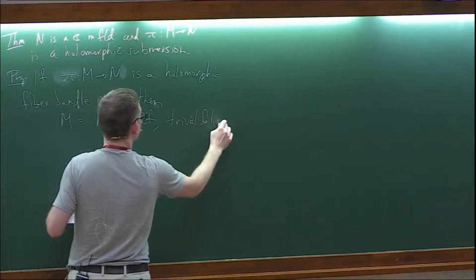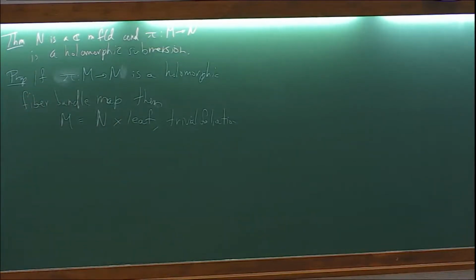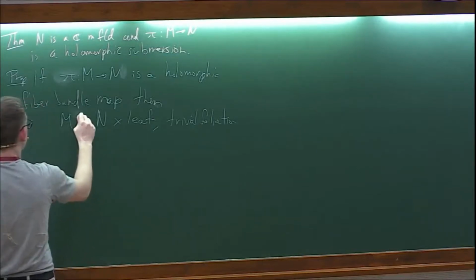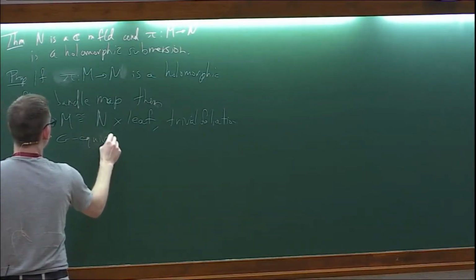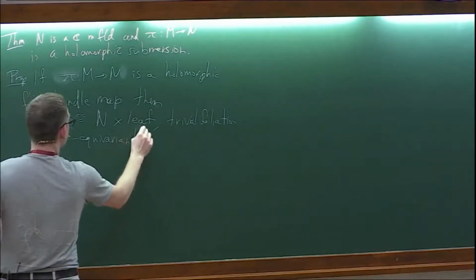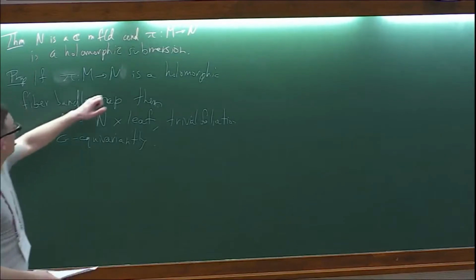The obvious foliation. The foliation is just point cross leaf. It's the trivial foliation, and this is G-equivariantly identified. So it's really, really trivial, okay? So if it's actually a holomorphic fiber bundle map, then everything's extremely trivial.